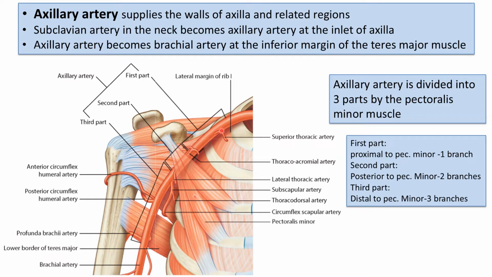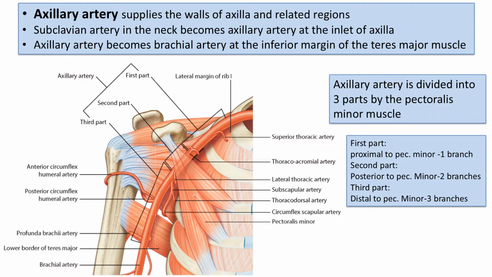The second part is the part that is posterior to the pectoralis minor muscle. And the part that is distal to the pectoralis minor muscle is called the third part. So three parts again: first, second, and third, divided according to their relation with the pectoralis minor muscle.